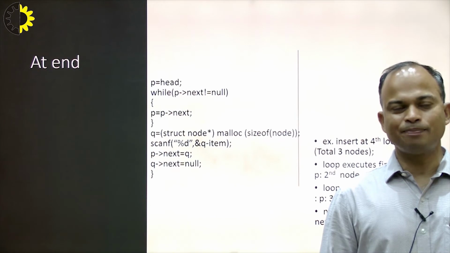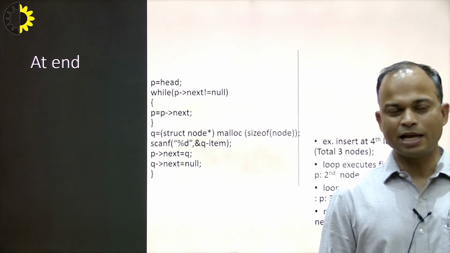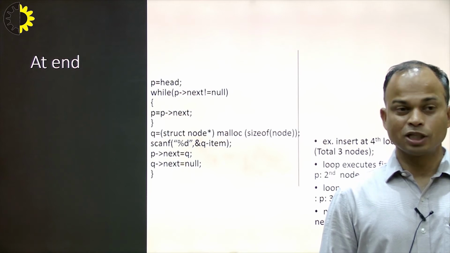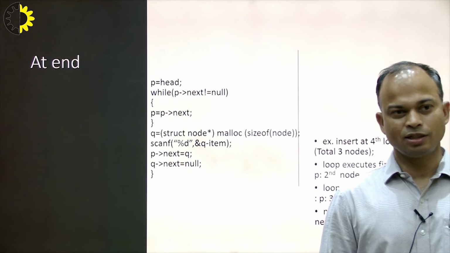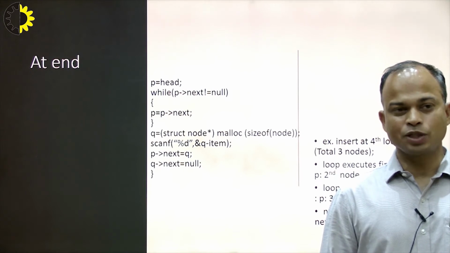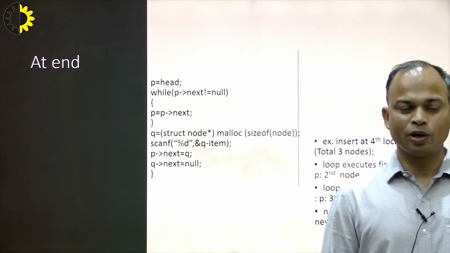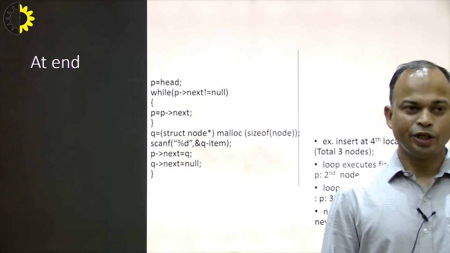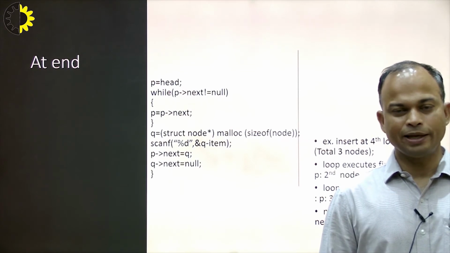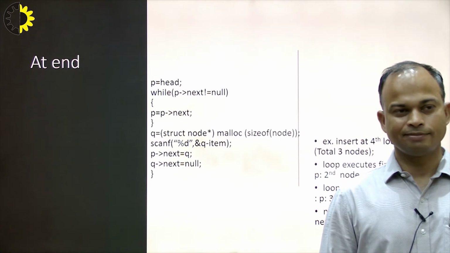We are giving the item part for Q, and we need linking: P arrow next equals Q, because P is pointing to the address of the last node, and this last node is pointing to the new node, and the next part of the new node is null. So, in this way we are implementing the concept of insertion at end.